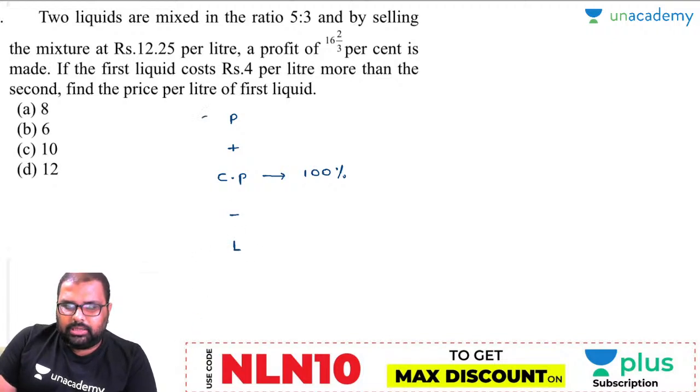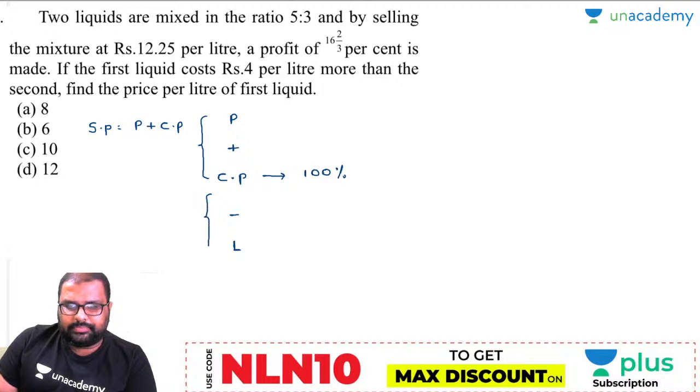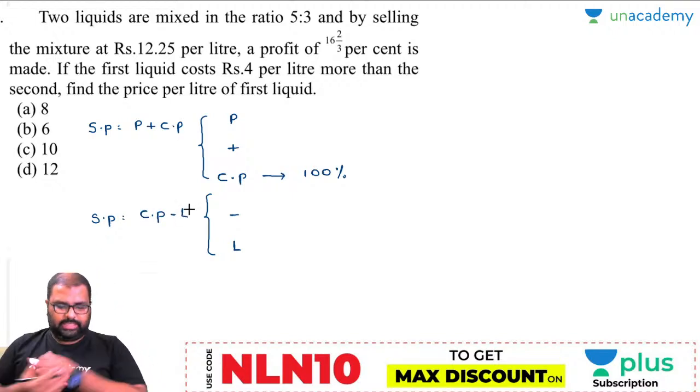Now see here, in the upper scenario, this is your selling price. Selling price is equal to profit plus cost price. This is what you will get back. Now in the second scenario, what will you get there? See here, selling price is equal to, am I right or wrong, cost price minus loss. These are the formulas that you will observe in your textbooks.